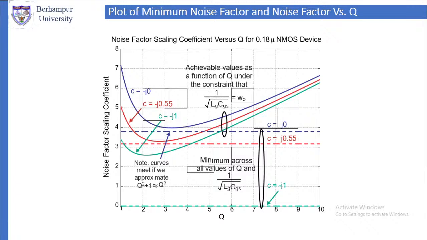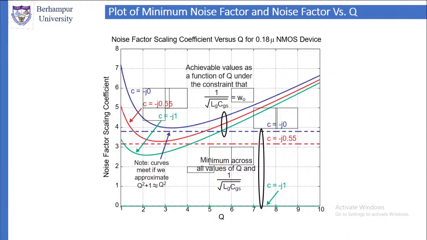This plot shows you the minimum noise factor and the noise factor versus Q curves. You can see when C is equal to minus J0, when C is equal to minus J0.55, when C is equal to minus J1. So as C increases, the minimum value dips.